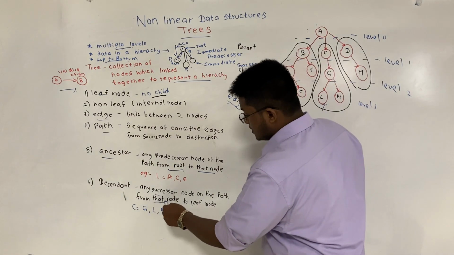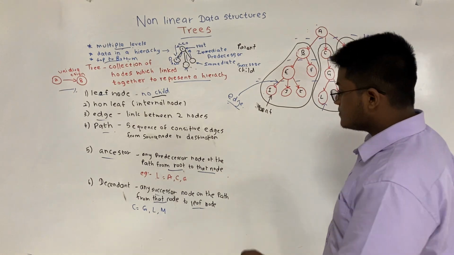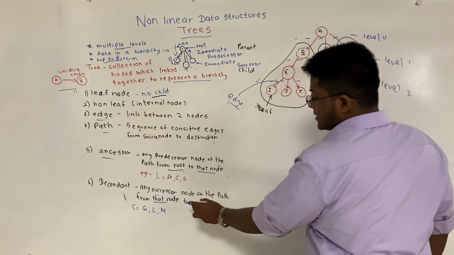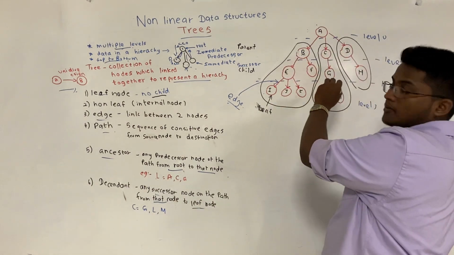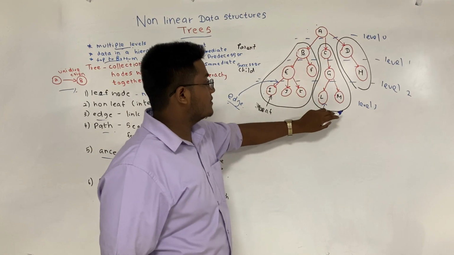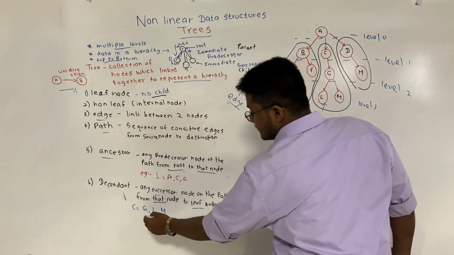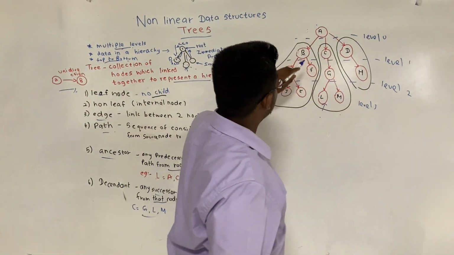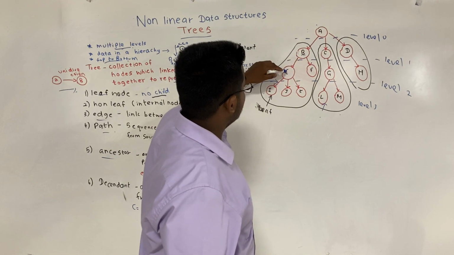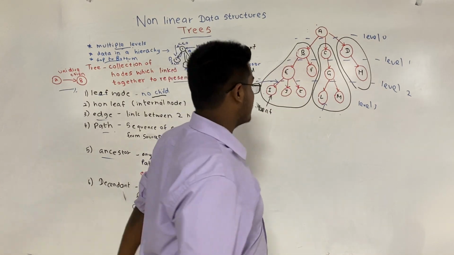Think we are taking C. From C to the leaf nodes: G, L, M. These are the descendants. And if we take B, E, I, J, K, and also a leaf node F, likewise.